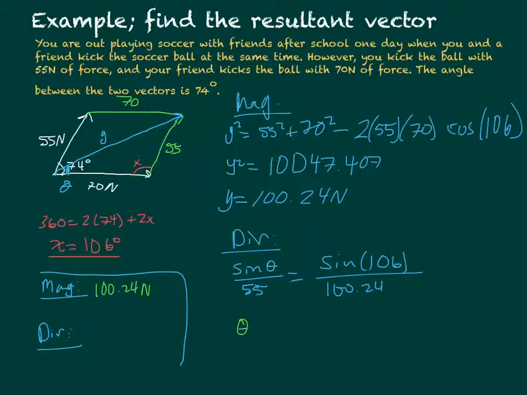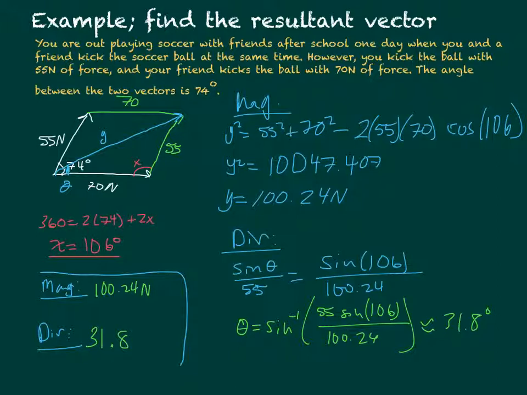So theta is going to equal the inverse sine of 55 times sine of 106 divided by 100.24, which is approximately equal to 31.8 degrees. So my direction is 31.8 degrees, and that is my resultant vector.